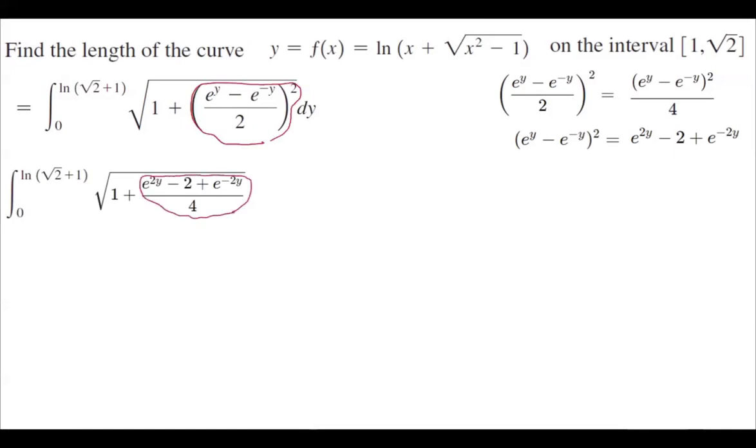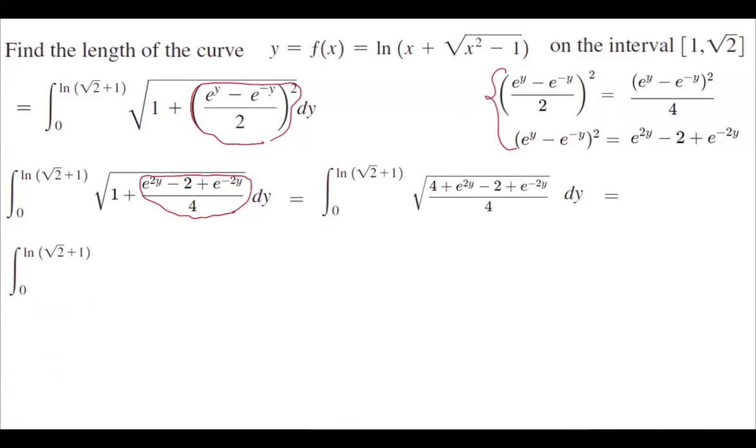Down here, they are the same thing, and this is the algebra behind it. Taking the integral with respect to dy, but before taking the integral, let us try to simplify this further. If you take the common denominator 4, it becomes 4 plus e to power 2y minus 2 plus e to power negative 2y, then dy.